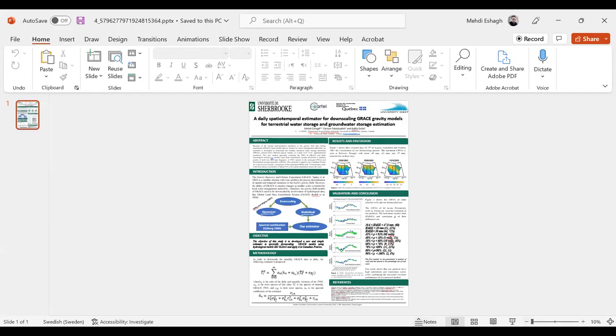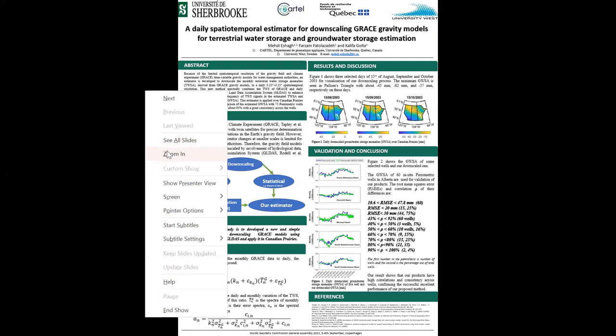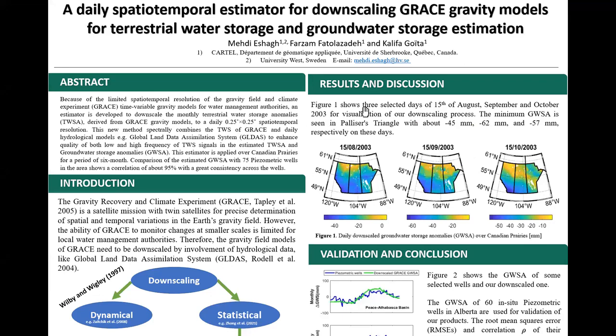But we do not present all of them here because too many maps would appear. Therefore, we selected three days: the middle of August, middle of September, and October. And you see the values here. These are the daily groundwater storage anomalies that we have computed.